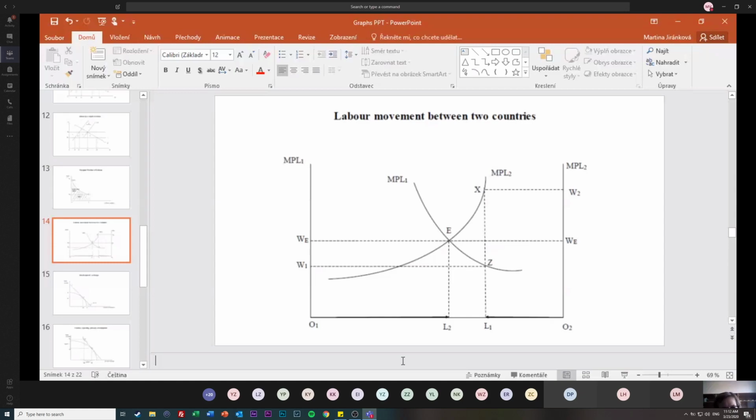C, the decrease in capital profit in the domestic country, true. And D, the increase of wage in the foreign country, false. Right? B and C.